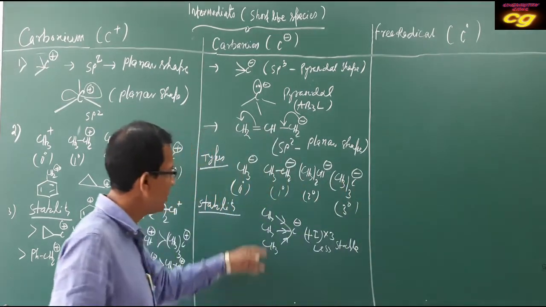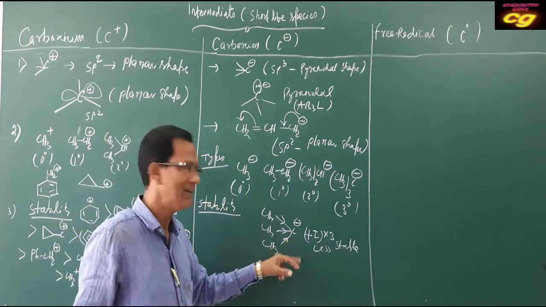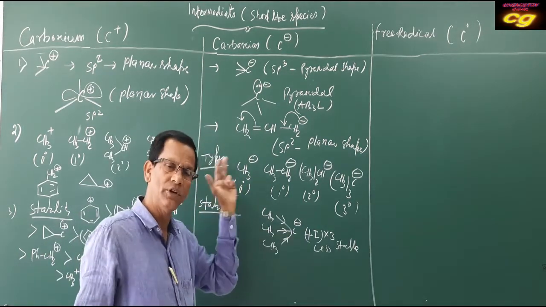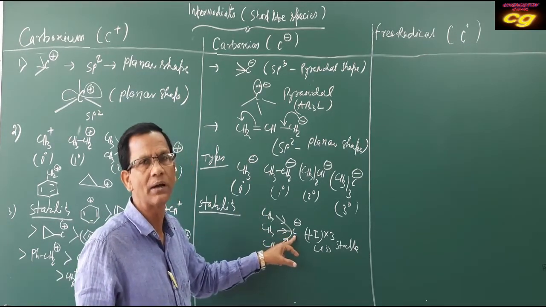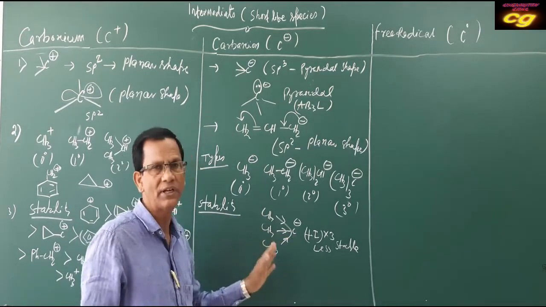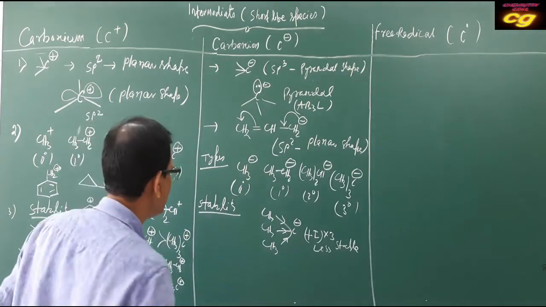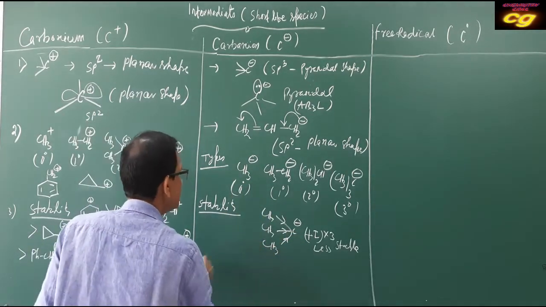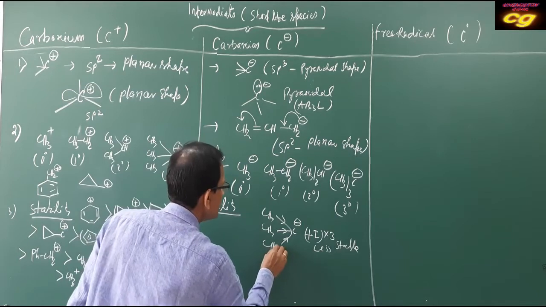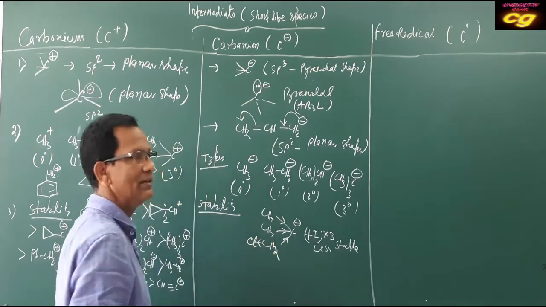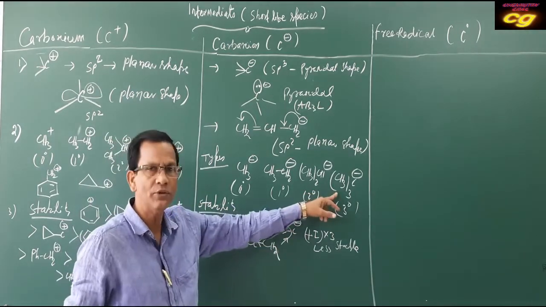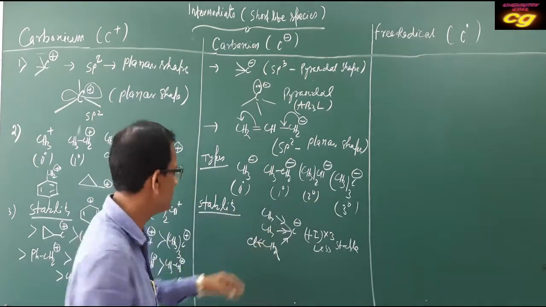Plus I effect decreases the stability of carbanion, as we have already discussed, but minus I effect increases stability. For example, if you put one Cl here, suppose this is CH2, you put one Cl, this is minus I effect, then stability of this tertiary group again increases due to minus I effect.